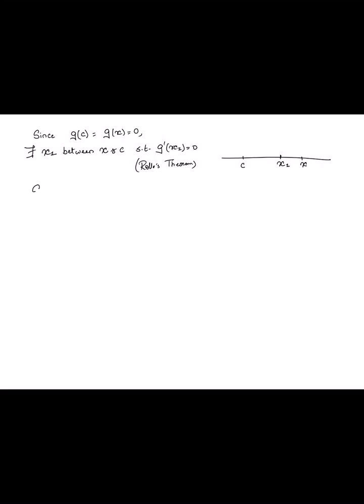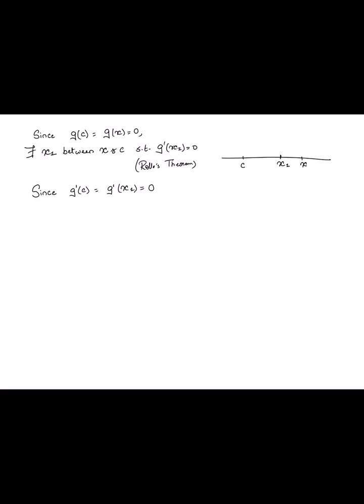Right? Next, we apply Rolle's theorem again by noting that the first derivative at c is also equal to the first derivative at x1, which is equal to 0. Remember, g, the first derivative, the second derivative, all the way up to the n minus 1th derivative at c are 0. And by the first application of Rolle's theorem, x1 has also the first derivative 0.